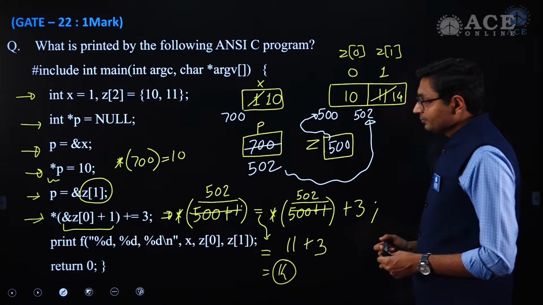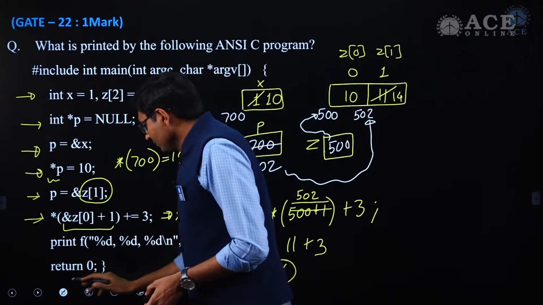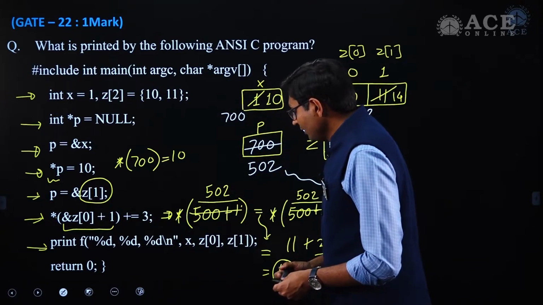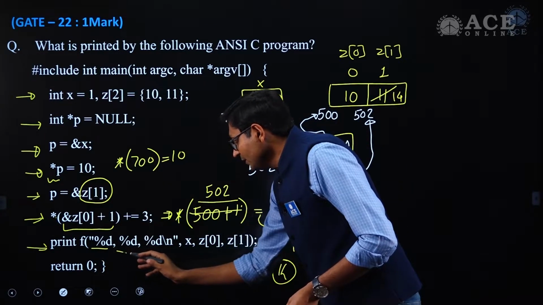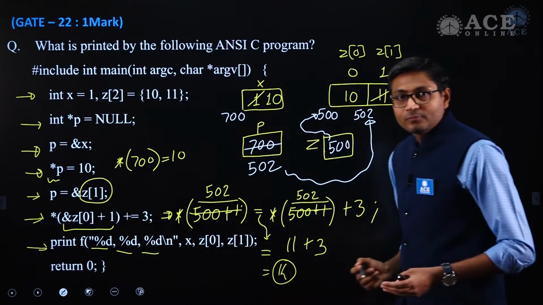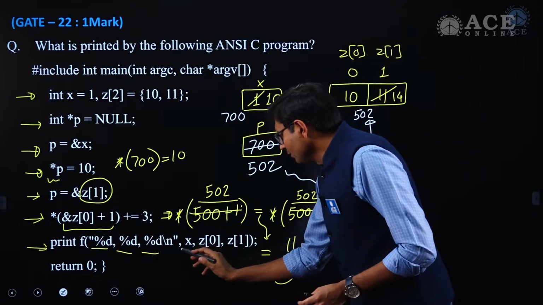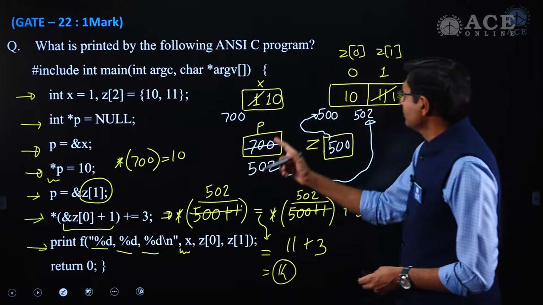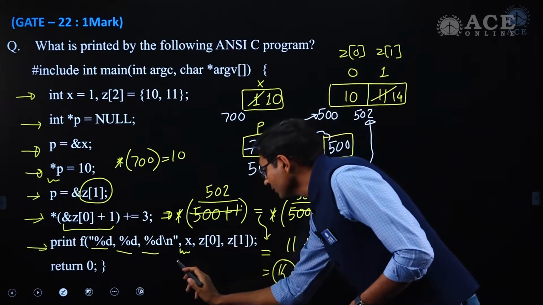Alright. Now, next statement is printf. What are we printing here? %d, %d, %d. All integers we are printing. X is how much? 10.